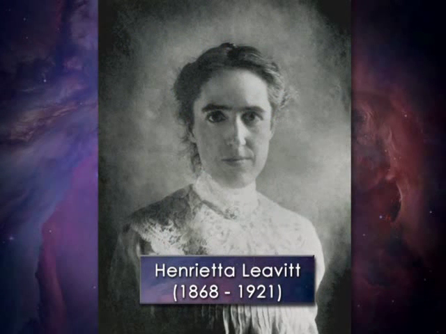Now, in 1912, Henrietta Leavitt, who was working at the Harvard Observatory, noticed a very interesting property of this kind of star, the Cepheid variable star, as we now call this class of star. Intrinsically luminous Cepheids pulsate slowly, while less luminous Cepheids pulsate quickly.